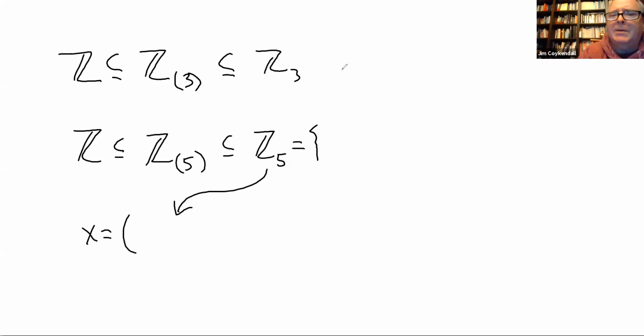No, I want something a little more sophisticated than that. 2, and let's see, what are my choices after that? I can add any multiple of 5 to it, and now I'm in Z25. Let's look at, I think I probably want 2, 7. Actually, I think I want 12.